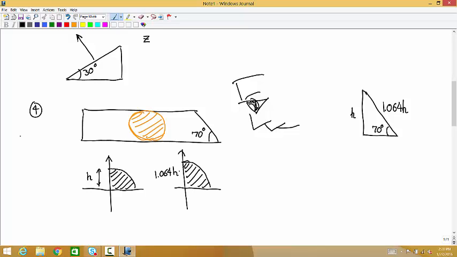And one way you could do that is integrating. So just think that at every x value, okay, this is how I thought about it. It's a very roundabout way to do it, I think. But at every x value, the height of the ellipse is 1.064 times the height of the circle. Right? That makes sense, doesn't it?